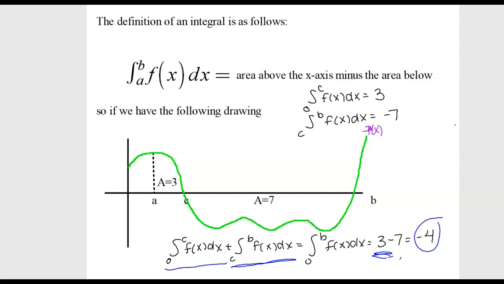That gives me the area under the curve being A. From A to B is negative 4. The reason it's A and not 0 is because we don't know this area. It was only from the dashed line to 0.